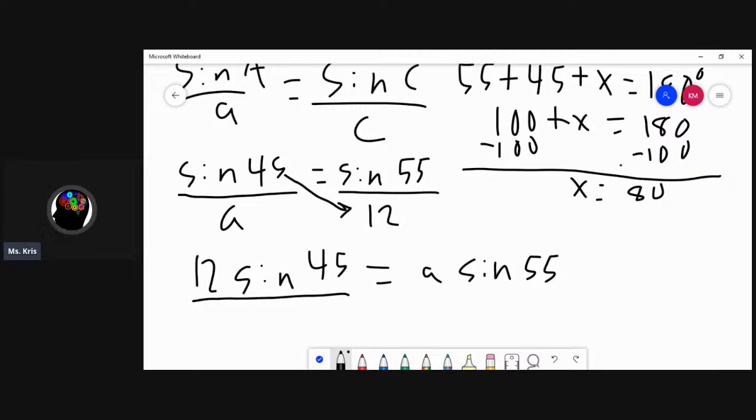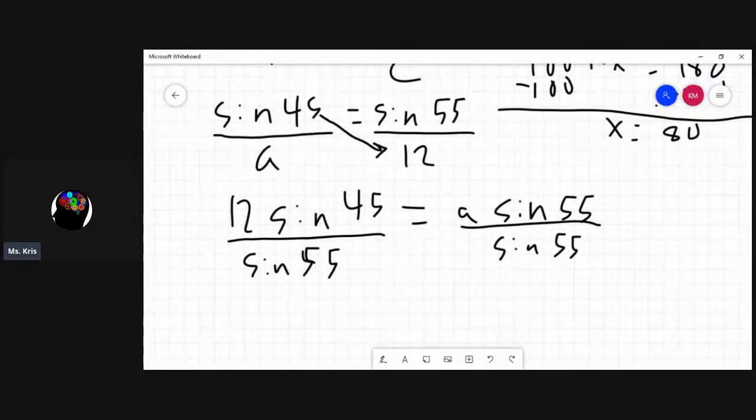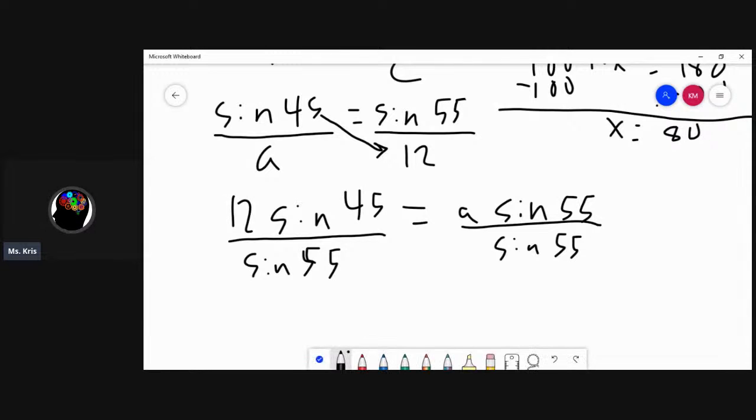So once we find that, then we're going to divide sine 55 on both sides because, hey, in order to find A, we must divide sine 55 on both sides. And of course, once you put this in your calculator, because you can put this in your calculator, I strongly recommend you put this in your calculator. A equals 12 times sine 45. You must multiply the 12 to sine 45 first.